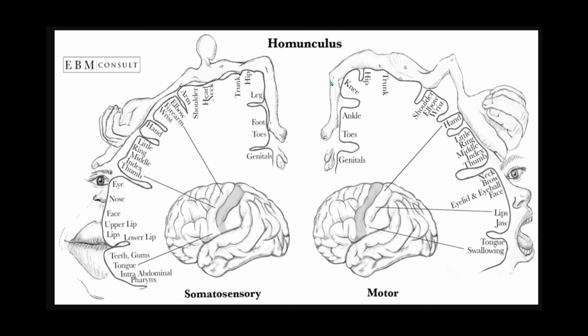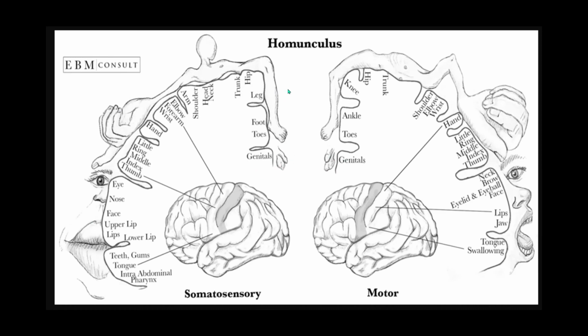We have the lower limbs on the medial parts of the frontal cortex, and we have the rest of the body on the lateral surface of the brain. And you can see the genitals are right there.